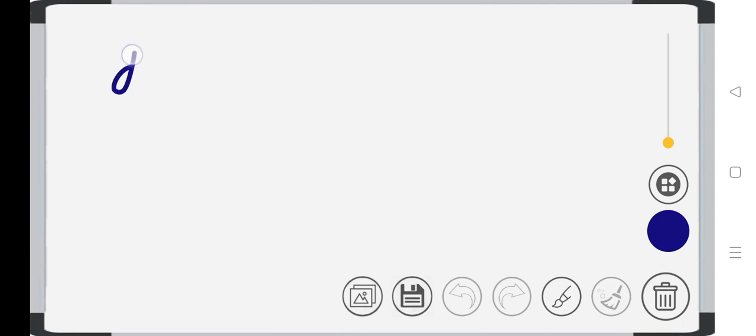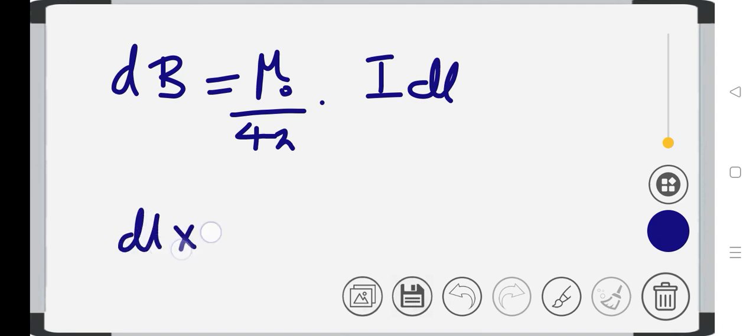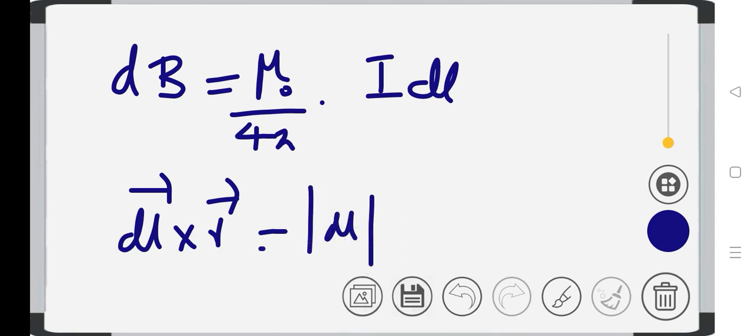So this is dB, that is equal to mu 0 by 4 pi into I dl cross r cap. Here I dl cross r cap means dl cross r cap, which means modulus of dl into modulus of r cap.